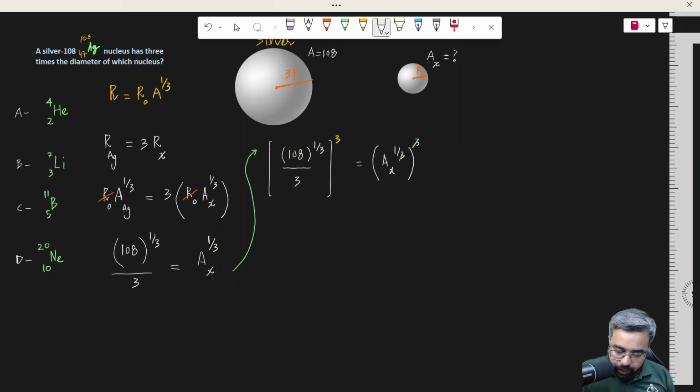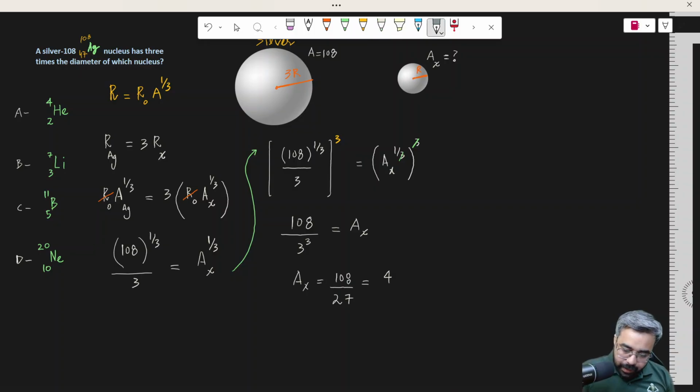You can open the bracket and take the cube in the numerator and denominator. So what you will get eventually is 108 over 3 cubed, which equals the nuclear number of that unknown nucleus, and that is 108 over 27, which is 4.